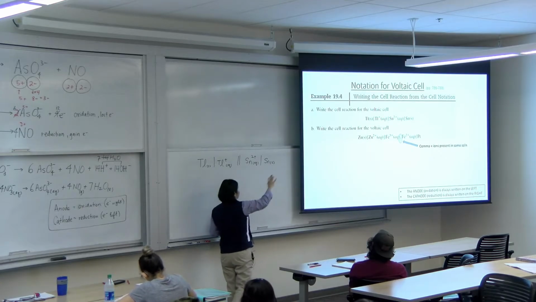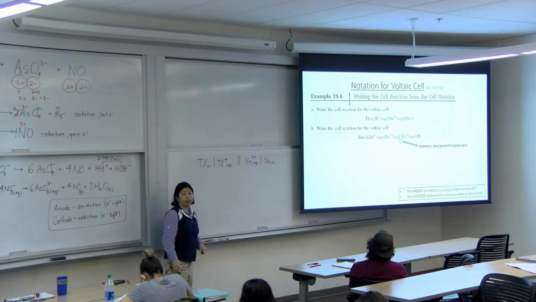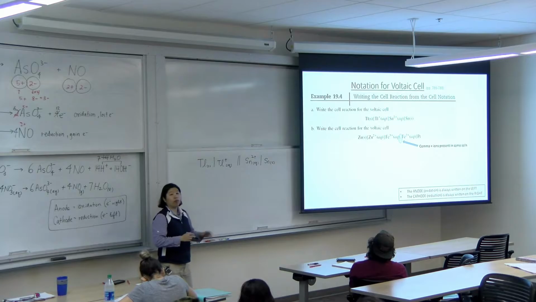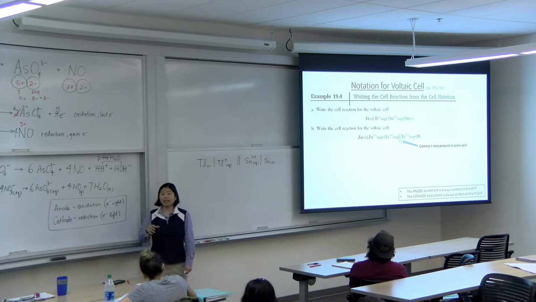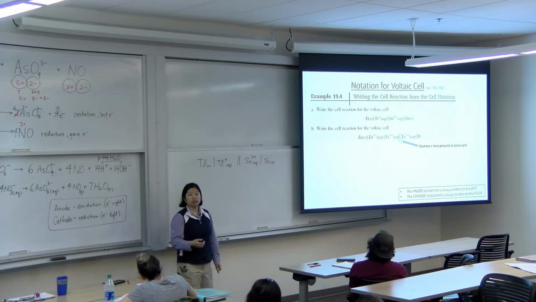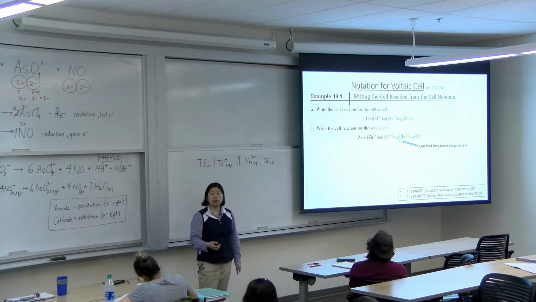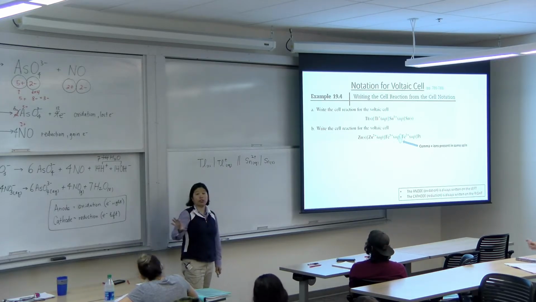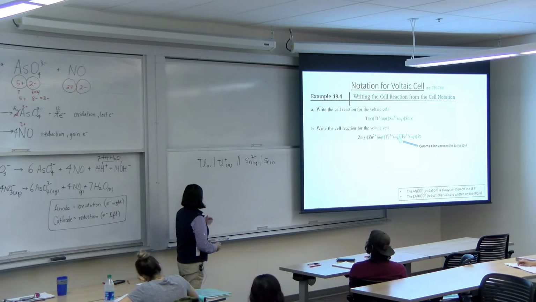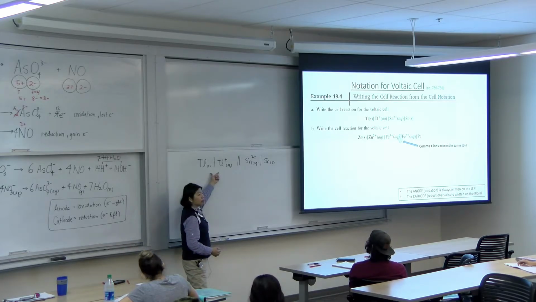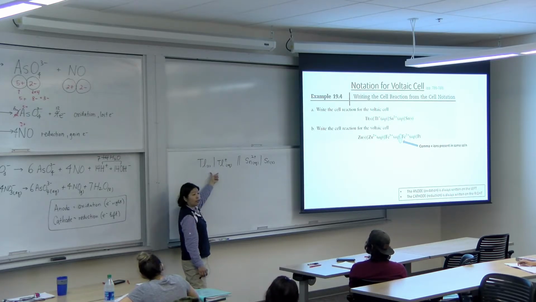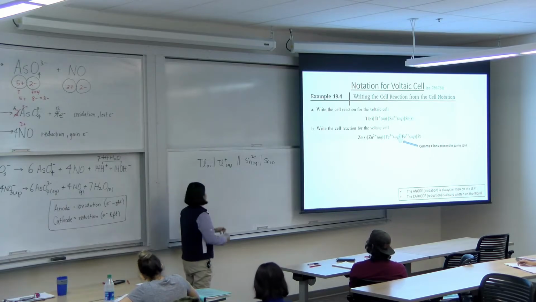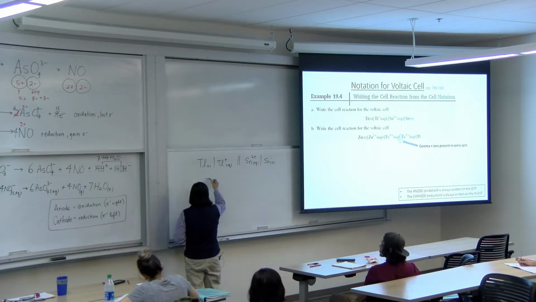I've literally just copied the A. So what are they asking you to do? To write the cell reaction? Right, to write the two skeleton half reactions. So this is your oxidation or reduction? Oxidation. So let's write the oxidation first.